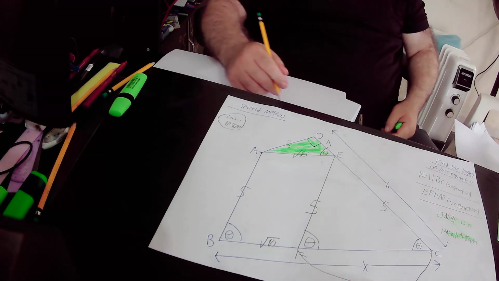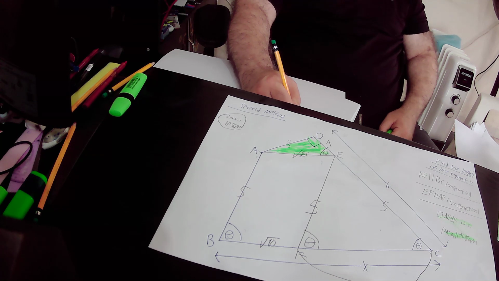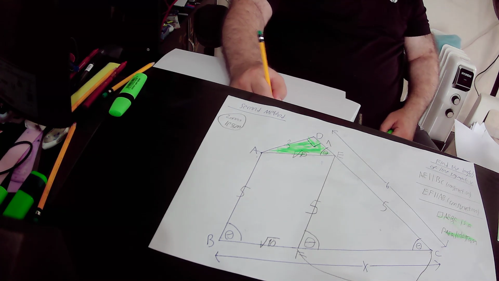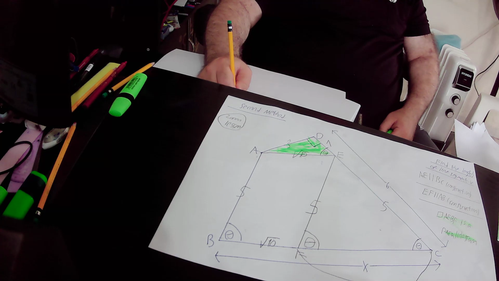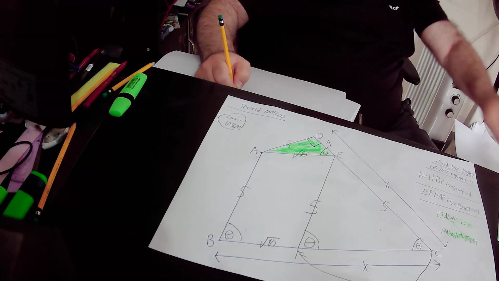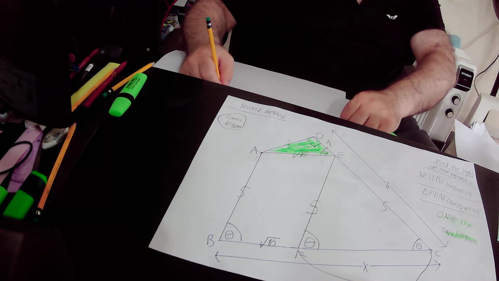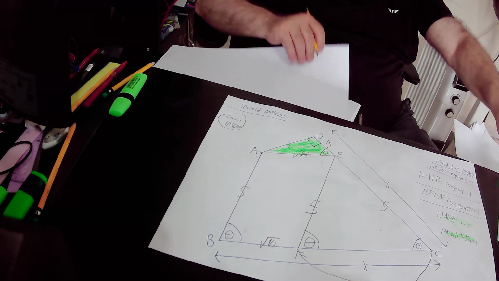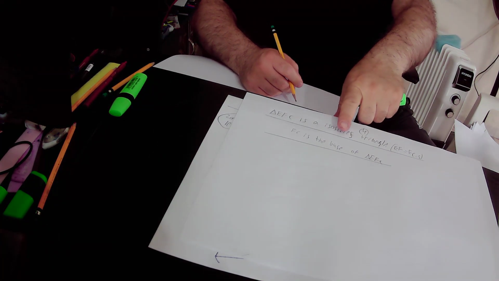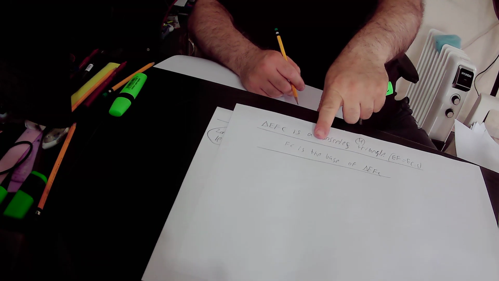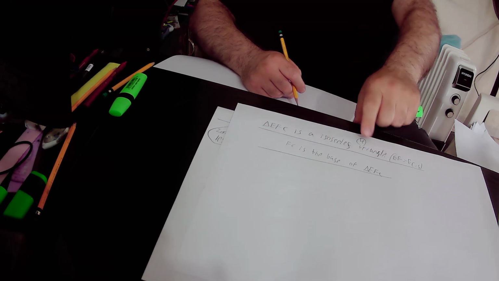Okay, so FC is the base of the isosceles triangle EFC. I'll repeat again. Side FC is the base of the isosceles triangle EFC.